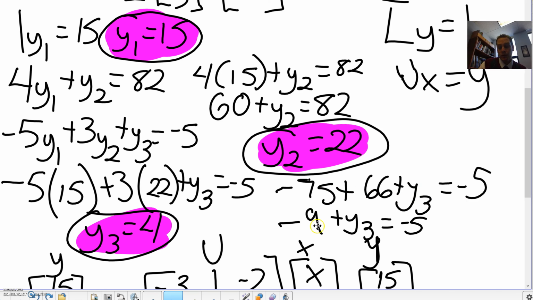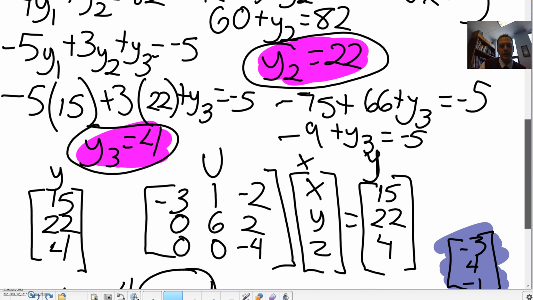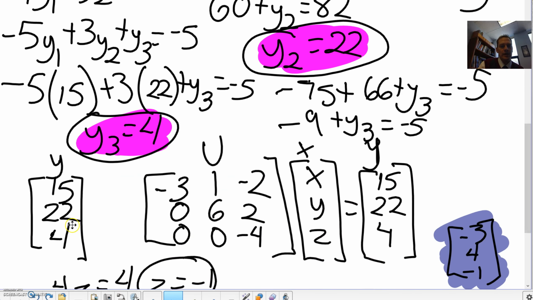Adding 9 to both sides, I get that y sub 3 equals positive 4. What I've basically done is solve this equation for y, a dummy variable that I'm going to use later. So the y is the combination of three values, 15, 22, and 4.